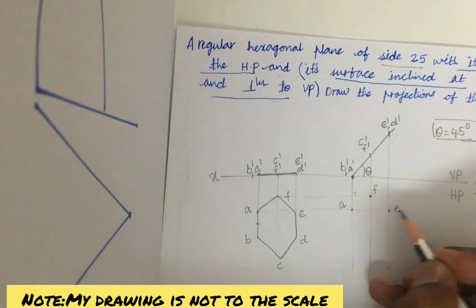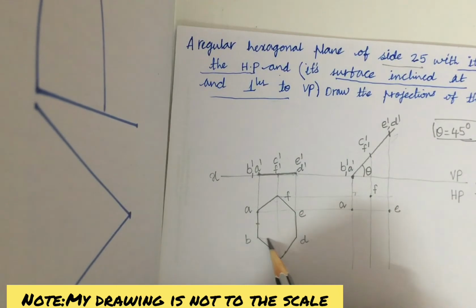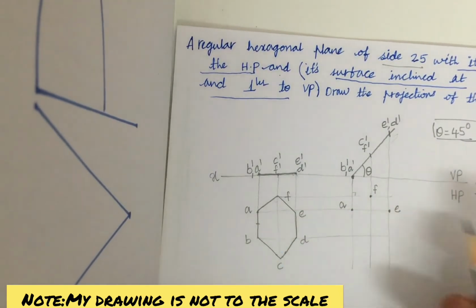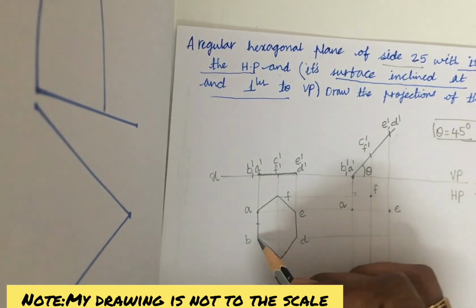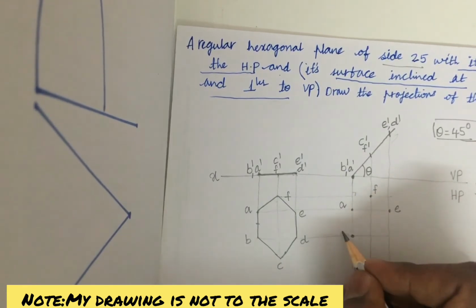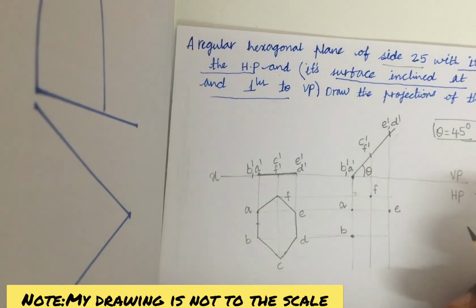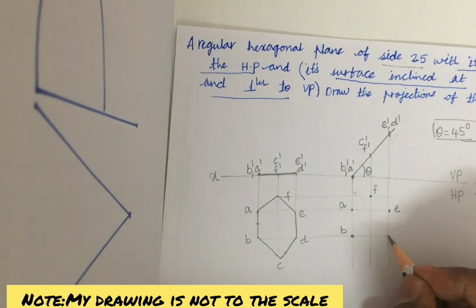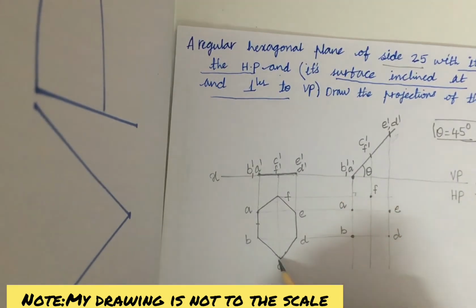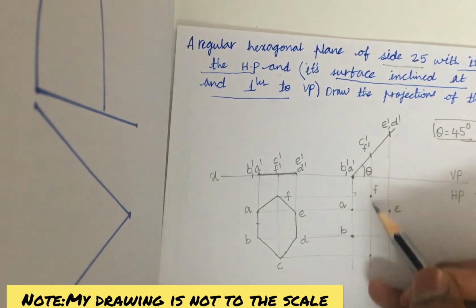Please do concentrate on each and every part. Later, B and D. So from B a line, and from B a line. So this is B, the intersection in the top view, and this is the D point. Later we have even C, that is here, the middle line of the projection.